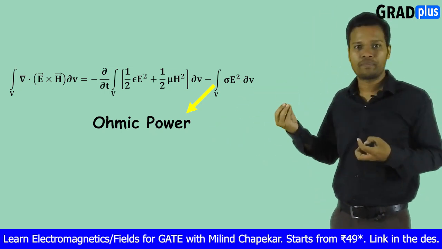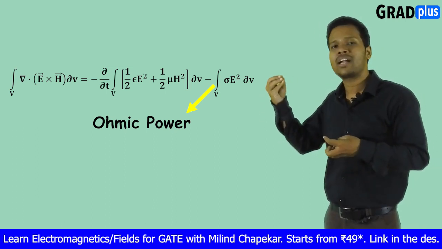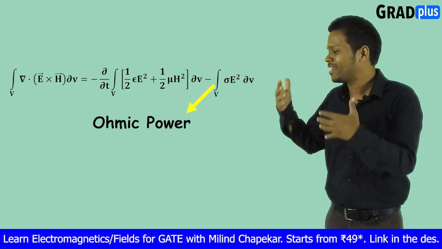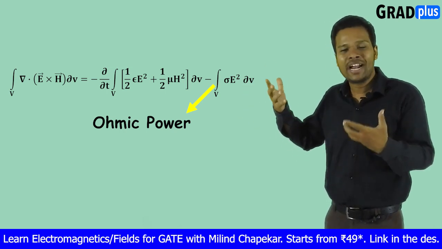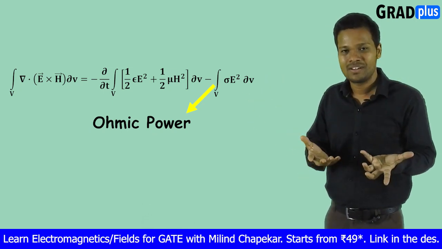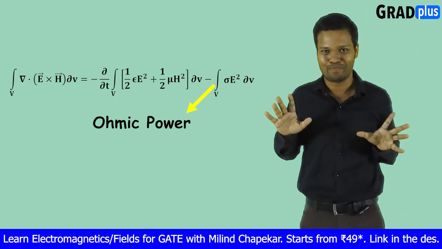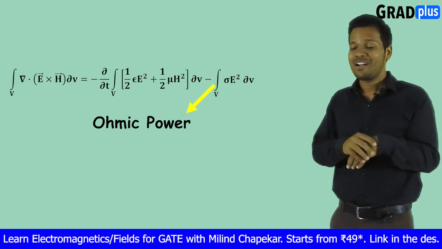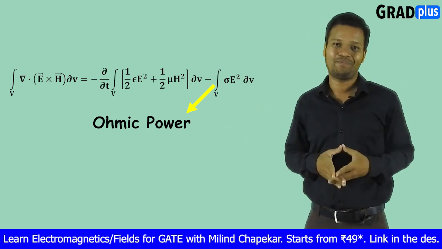So the first term, the volume integration of half epsilon E square and half mu H square, indicates the electromagnetic energy, and the time derivative of that electromagnetic energy is nothing but the electromagnetic power. Am I right? But many students get confused with this second term. Why is this second term called Ohmic power?